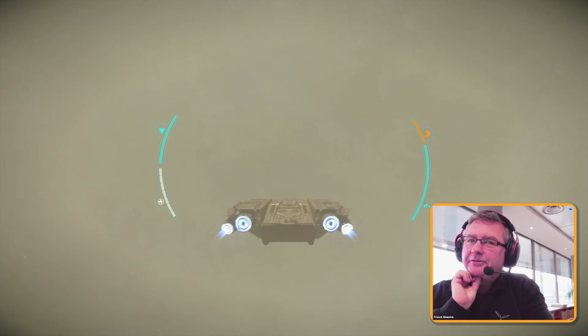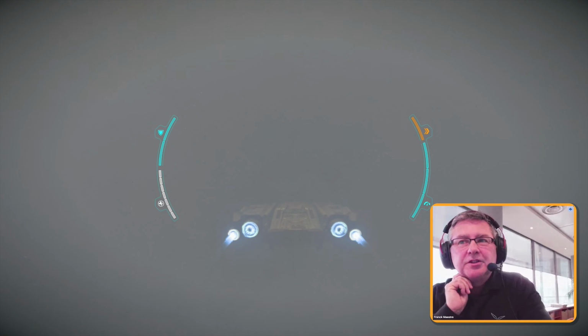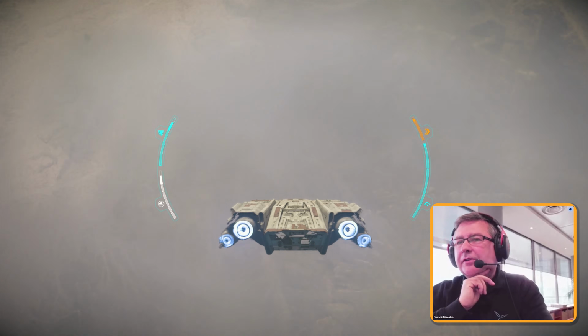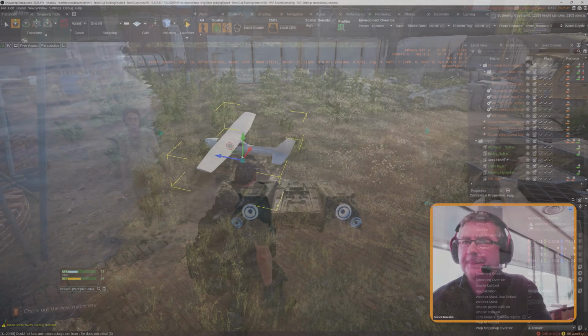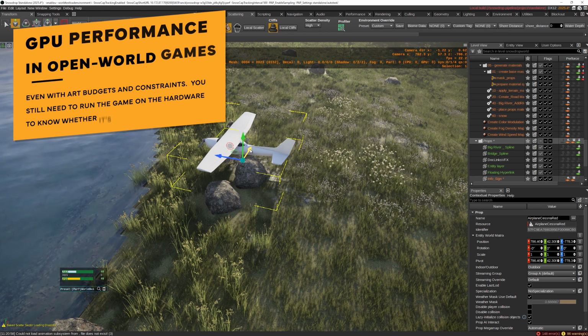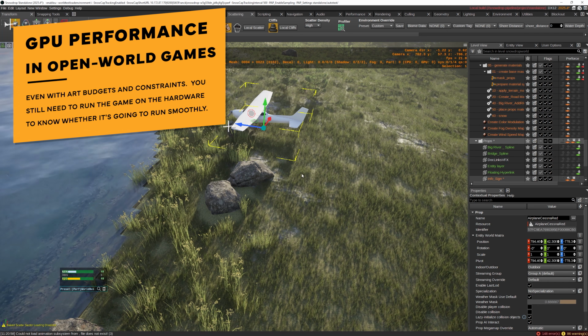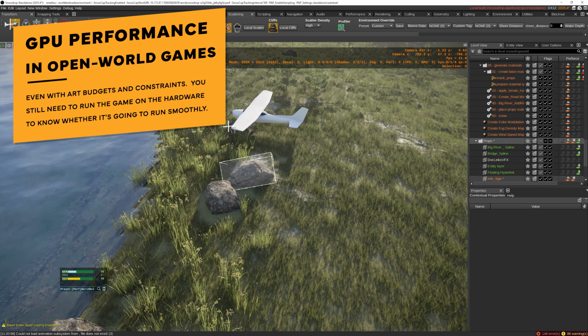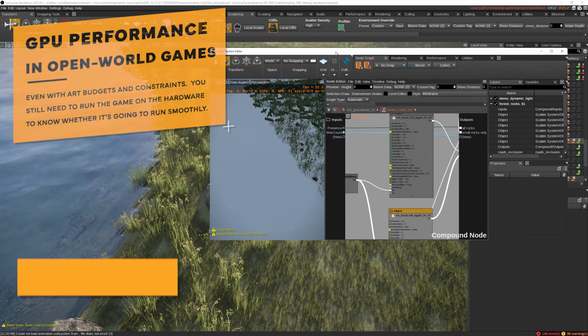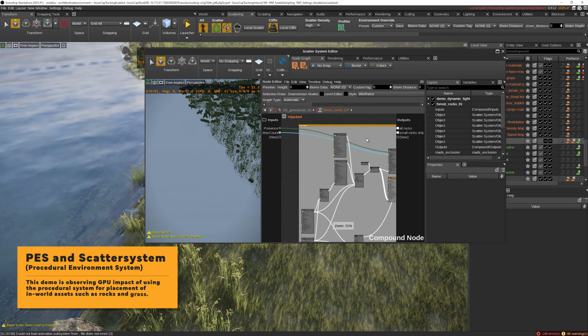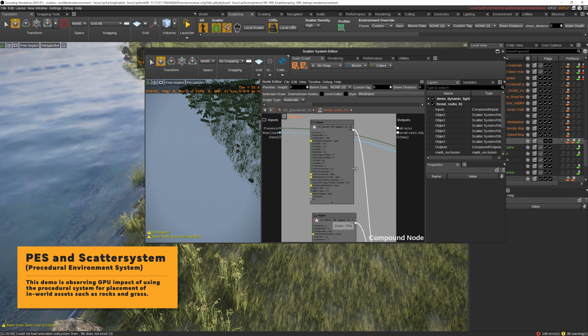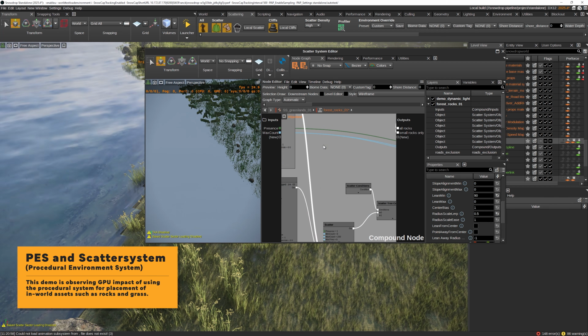So we started investigating injecting in-engine metrics very deep when you are defining world generation rules, object placements, avoidance, density. It's difficult to estimate the resulting GPU workload of what you are doing without creating builds and running tests.